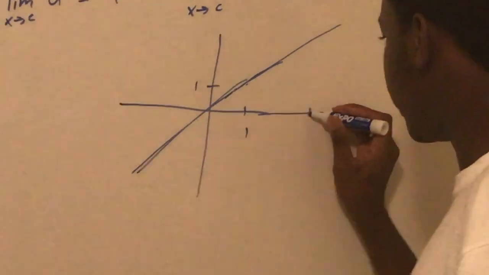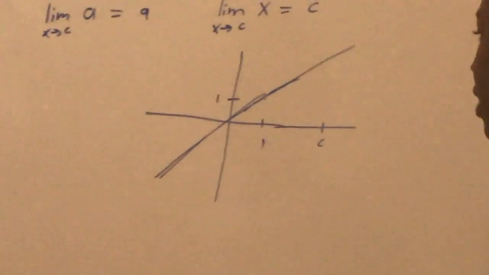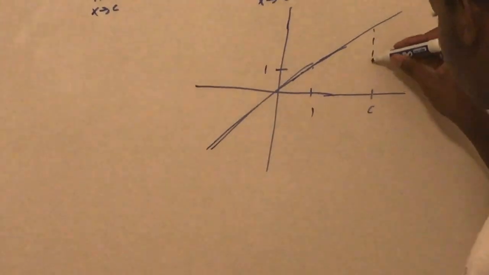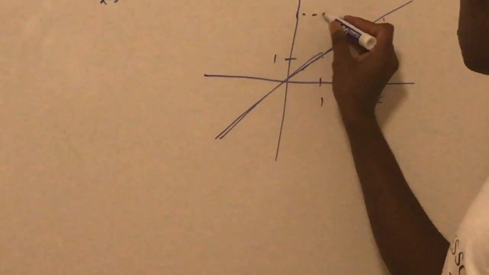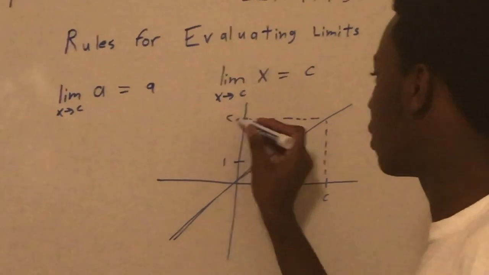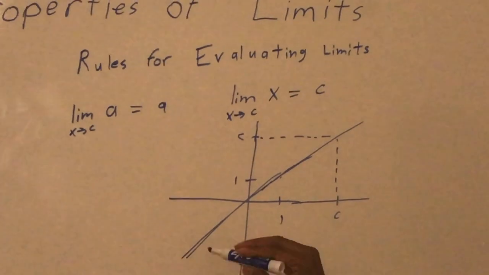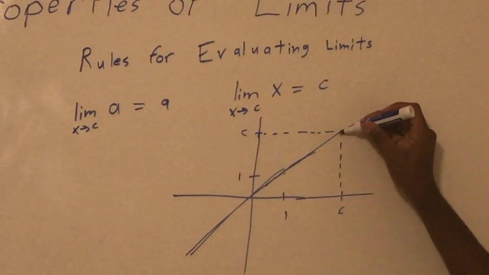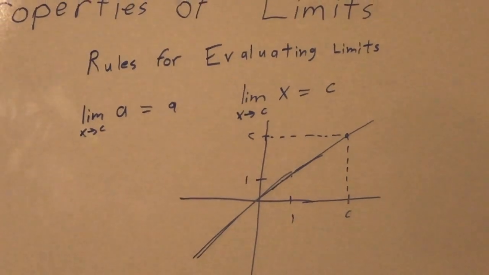So if this value is c, then based on what we know of the identity function, the limit as x approaches c for this function would just be c. Okay.